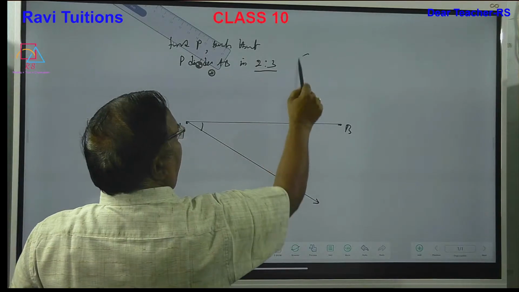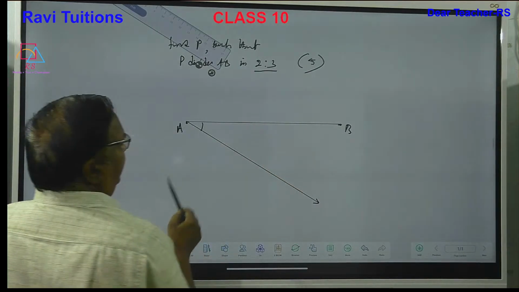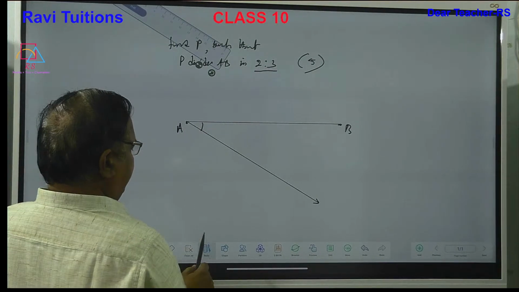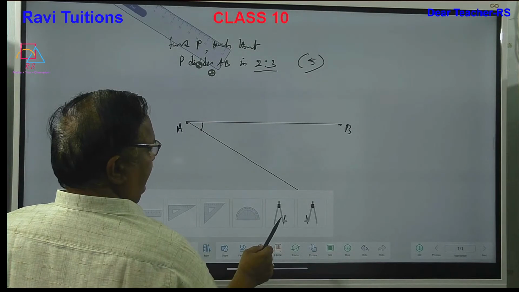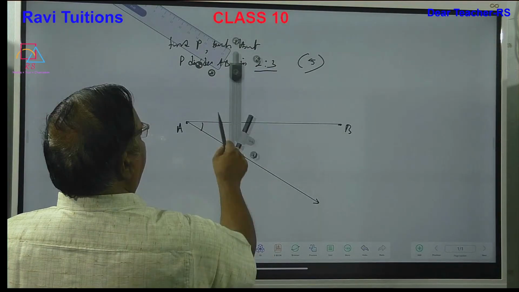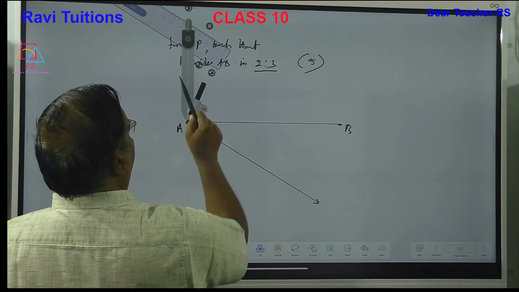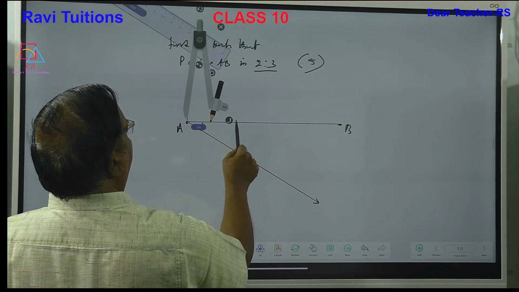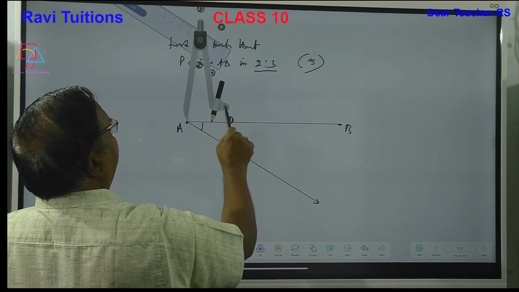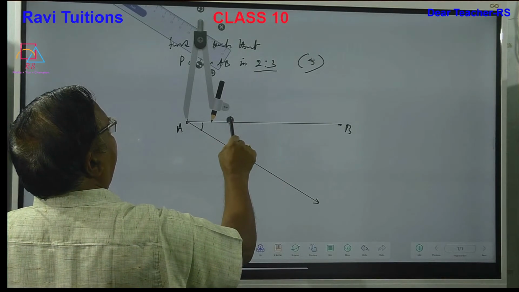So, total 5 parts. You take a compass and keep the needle on this and draw one arc.